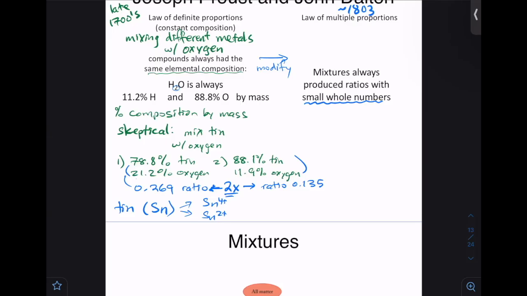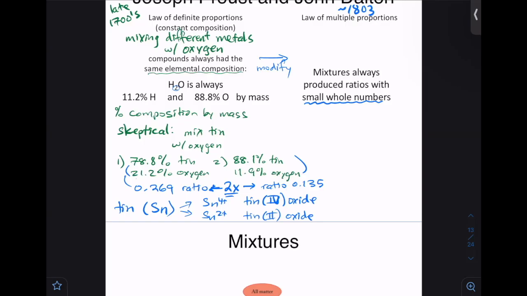And when those different ions combine with oxygen, they combine in 2 different ways. If it's tin 4 plus, the compound that's made, we call tin(IV) oxide. And when tin is in the 2 plus state, we call that tin(II) oxide. And again, we'll be learning all about those details later on.